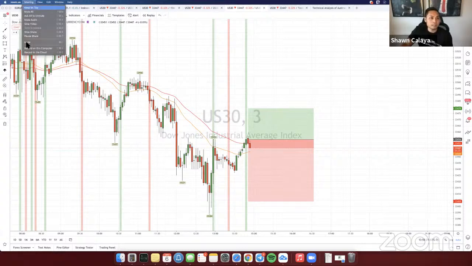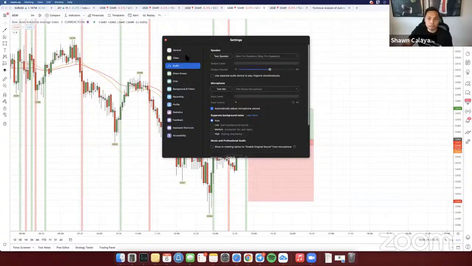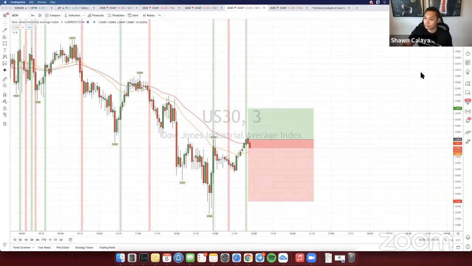Let's see, Zoom right here, preferences. I don't know if you can see my screen right here. Okay, I think you're going to rejoin. All right, let's go.